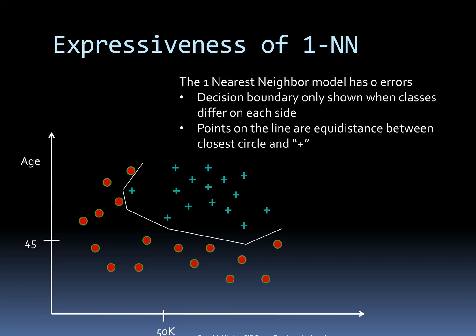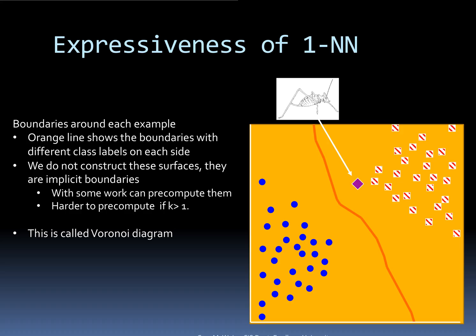its detailed spatial awareness. The expressiveness of the one nearest neighbor, 1NN model, is further illustrated with boundaries around each example. The orange line represents these boundaries, showing different class labels on each side. These boundaries are implicit, naturally occurring as part of the Voronoi diagram, which partitions the space based on proximity to the nearest data point.